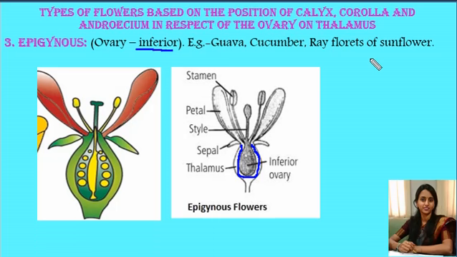Then third one is epigynous flowers. In epigynous flowers, the position of the ovary is inferior. So this is about the different types of flowers based on the position of calyx, corolla, androecium in respect of the ovary.